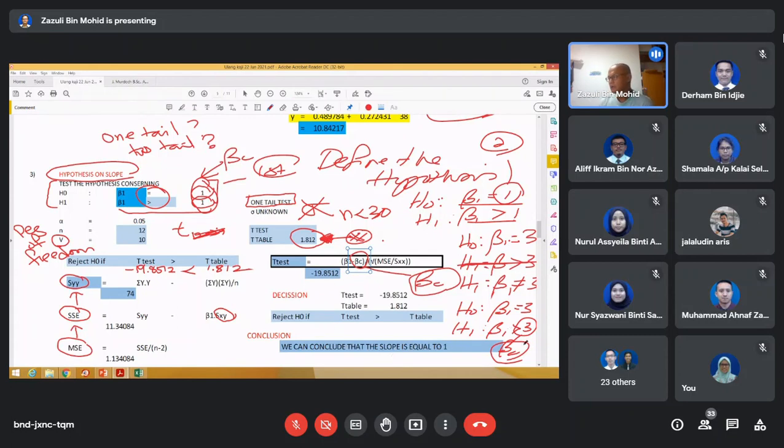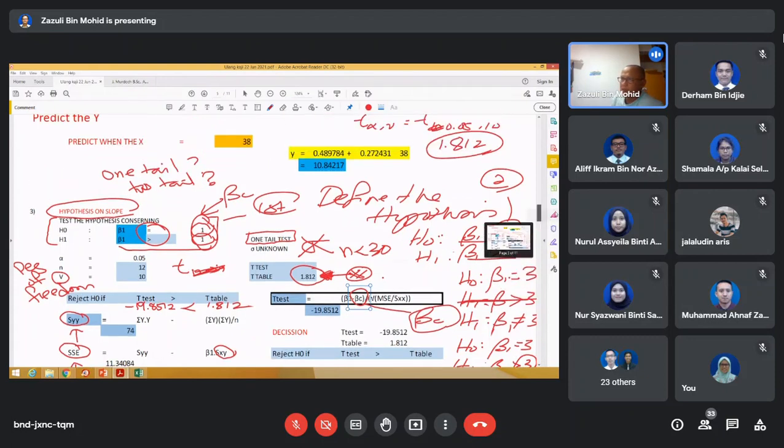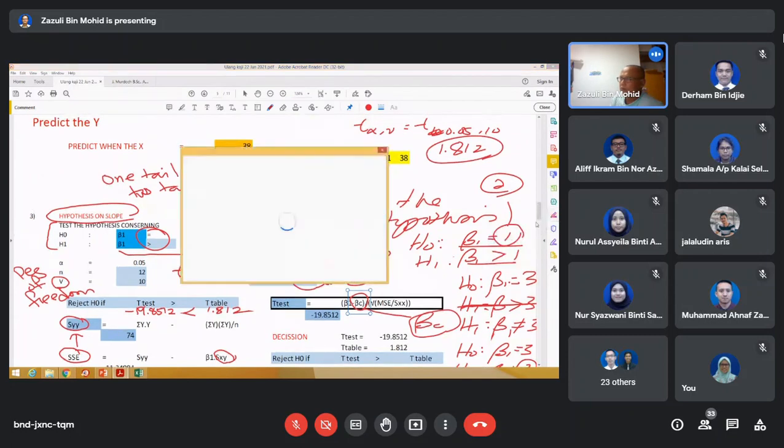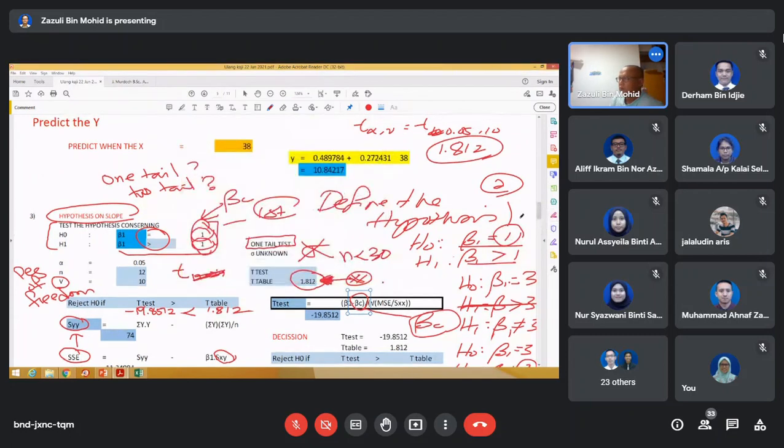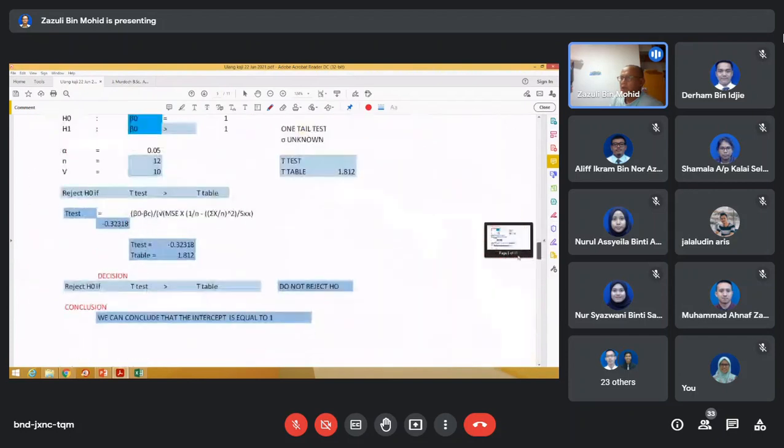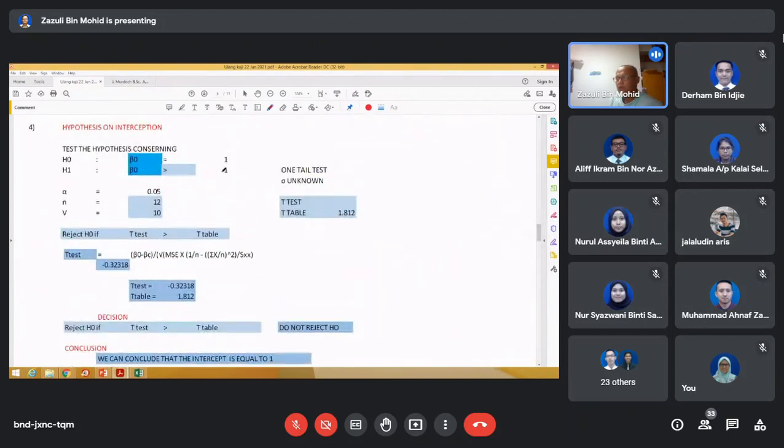We can conclude that the slope is equal to 3, because there is not enough evidence to reject the H0. Okay, we cannot reject the H0. This is for the slope hypothesis. And then you might also be asked to do a hypothesis on the intercept.